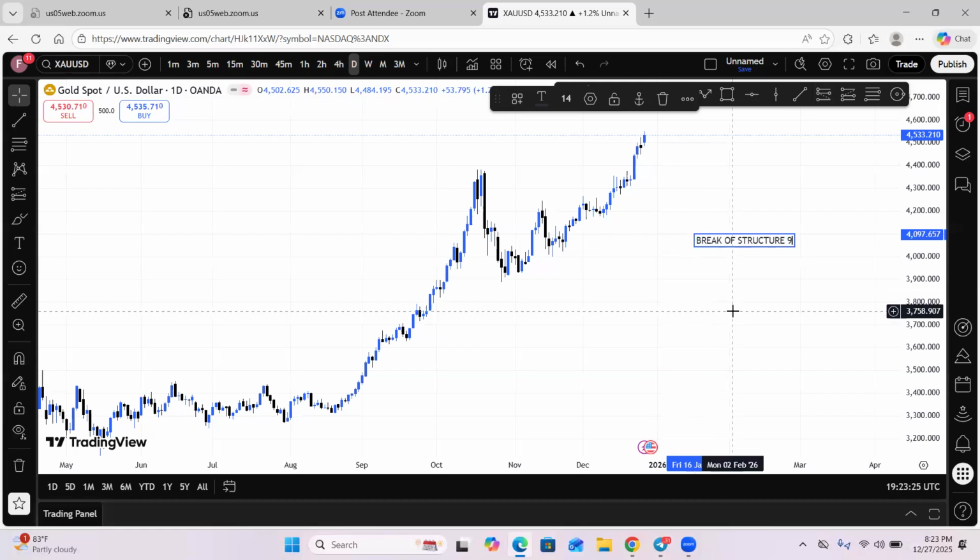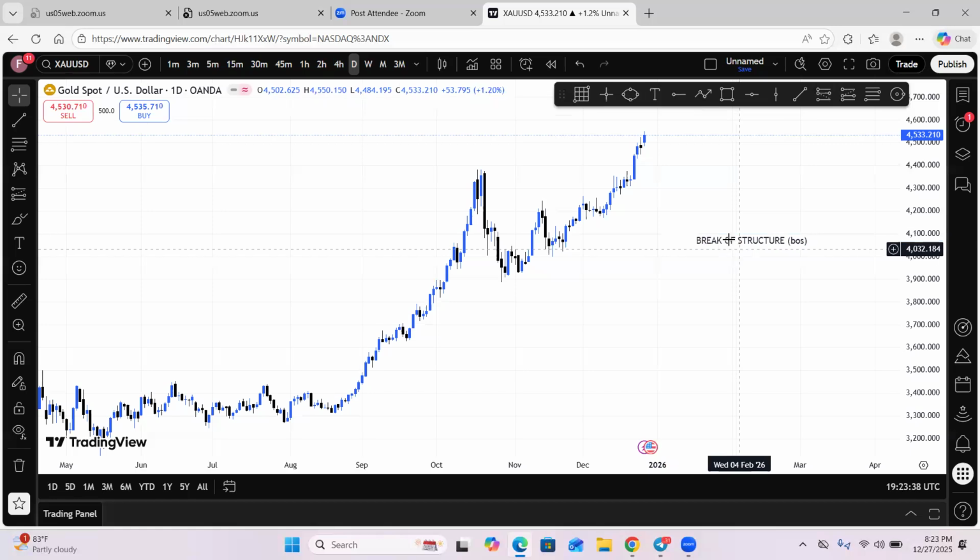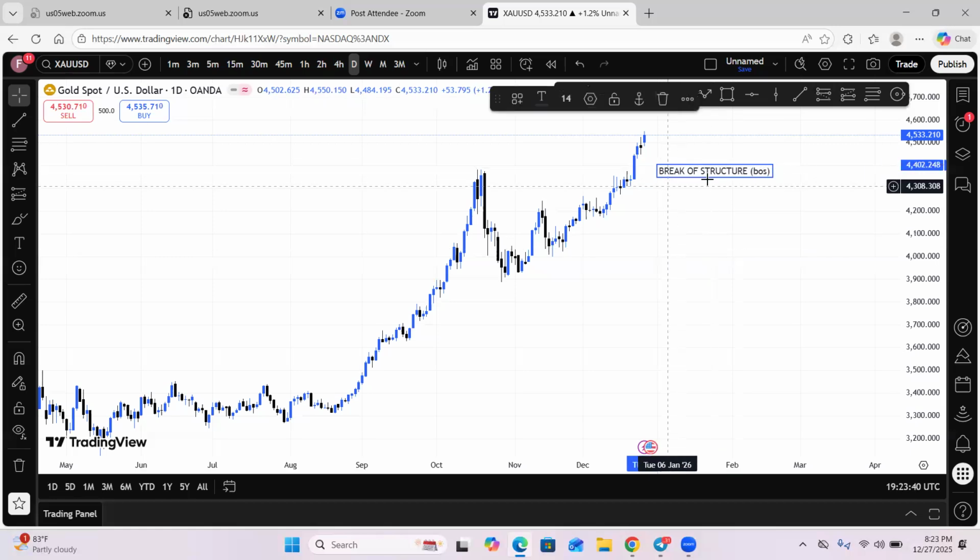We are going to learn break of structure and how to map it out on the chart.